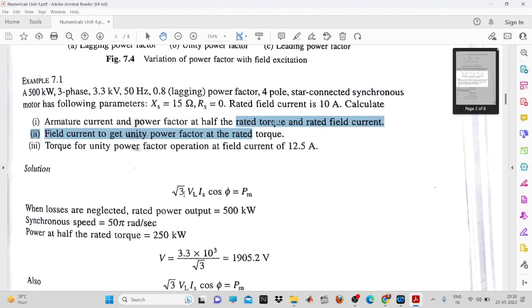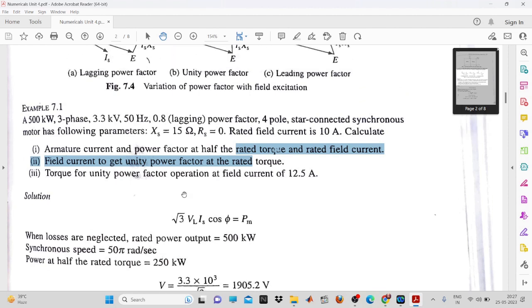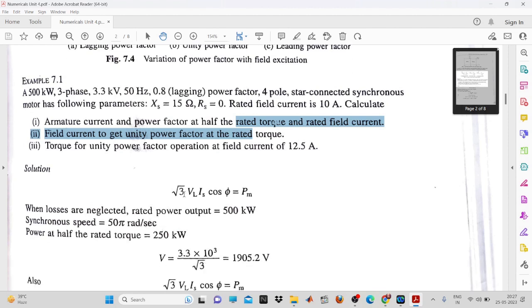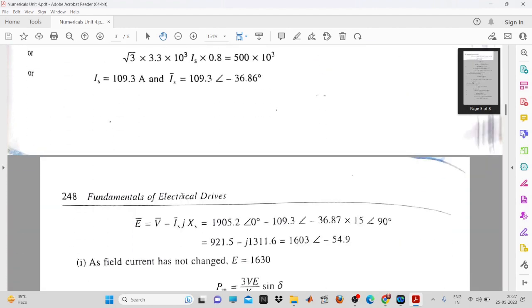Now suppose you want to calculate the excitation. From where will you calculate? Excitation will be calculated from the per phase equivalent circuit. In that case, V will be equal to E plus I into Xs. Yes, I have written the scalar form, but you have to write it in vector form. So if you want to find E, it means V minus Is into jXs, as all are vectors. Voltage angle is 0.